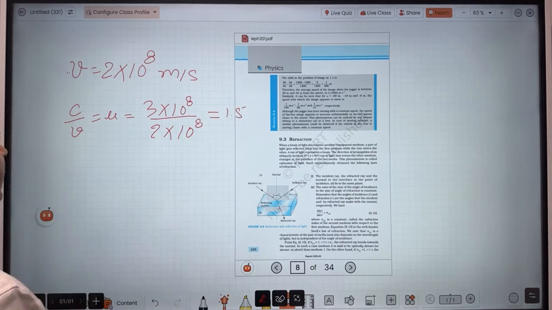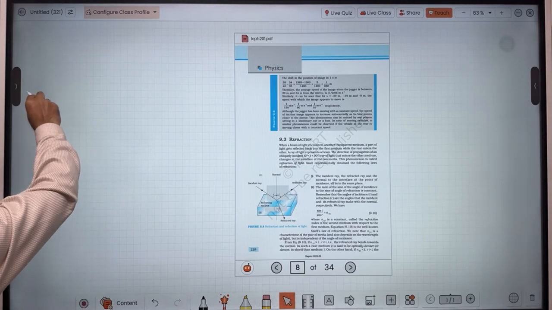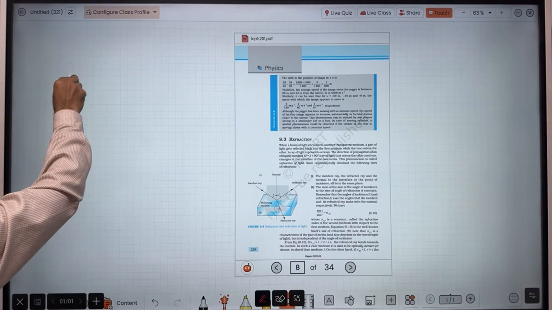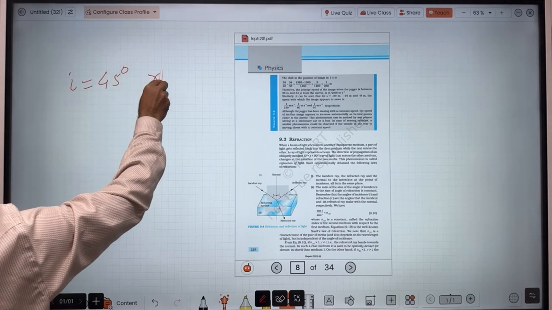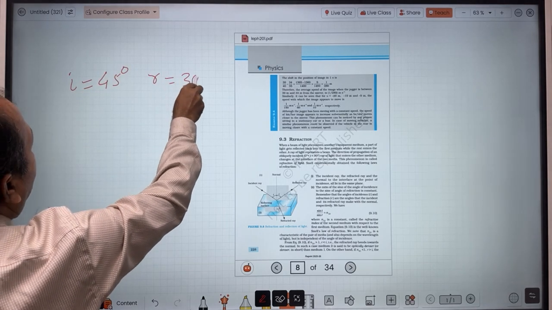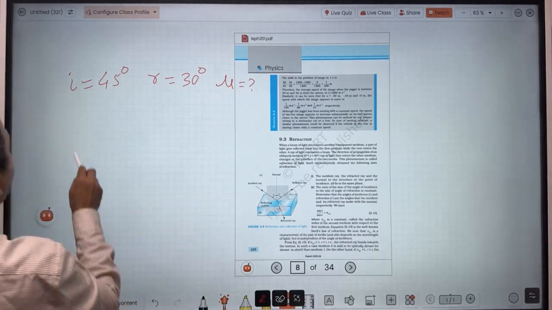This gives 1.5, right? And another concept: suppose the angle of incidence I is given as 45 degrees and R is given as 30 degrees, and we have to find the refractive index mu.